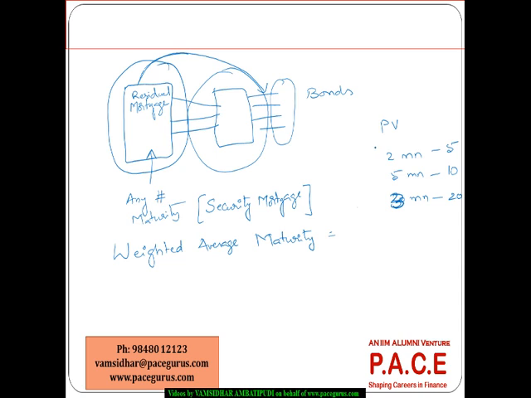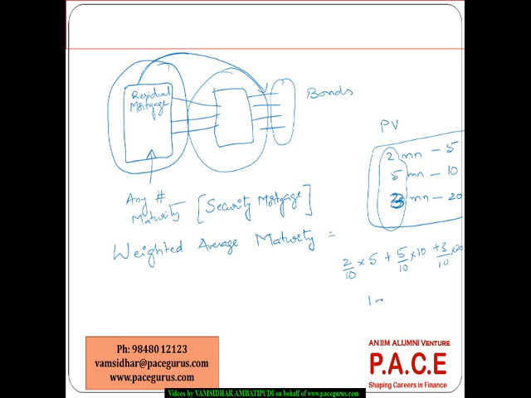Now, if I have to find the weighted average maturity for this mortgage-backed security, I am taking the weighted average of all the loans underlying this mortgage pool, with the weightages based on the principal value. So 2 out of 10 multiplied by 5, plus 5 out of 10 multiplied by 10, plus 3 out of 10 multiplied by 20.